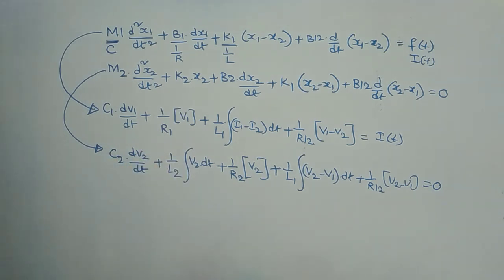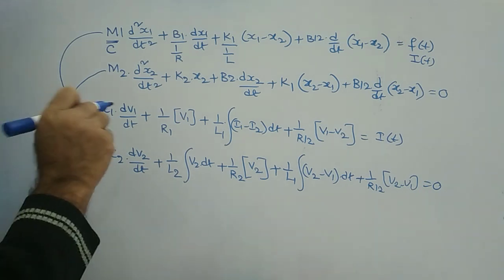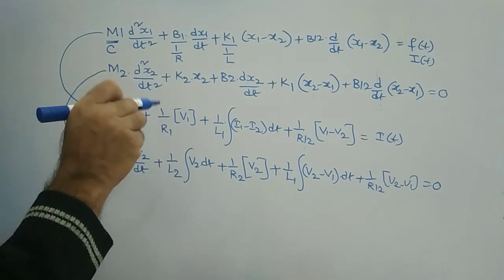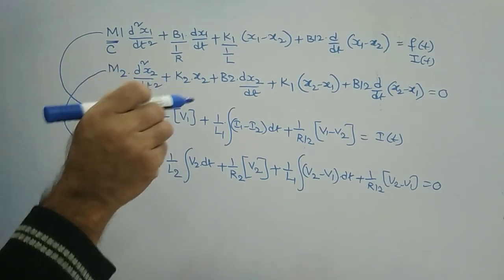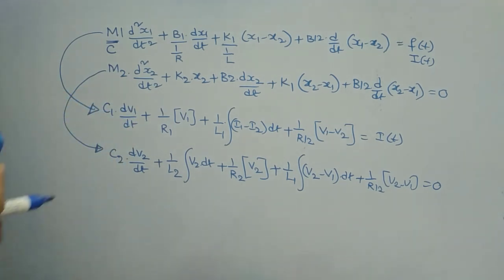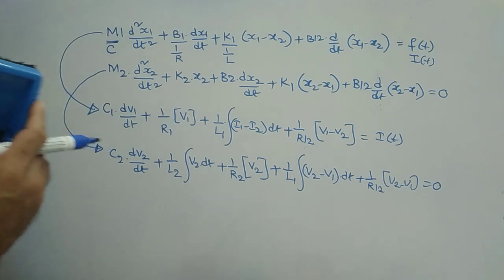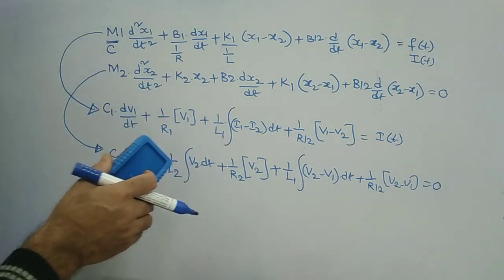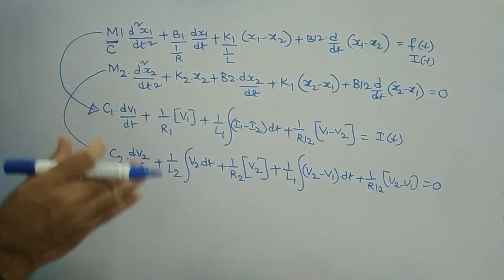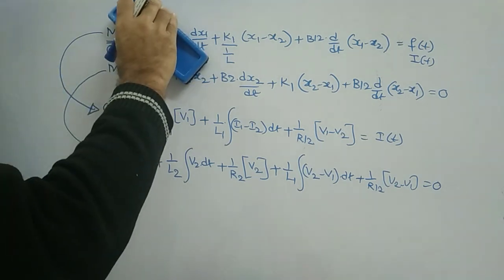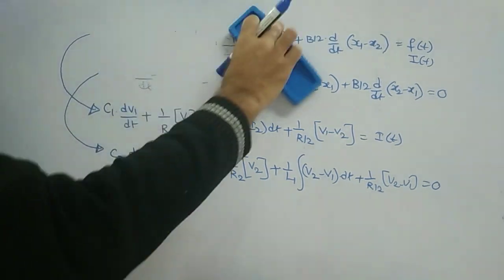If you see in force voltage analogy, the R, L, C parameters are in series, because the voltage is I into R. In the force voltage analogy all those elements come in series, whereas in force current, remember that R, L, C come in parallel to each other. I think you have understood how we converted.